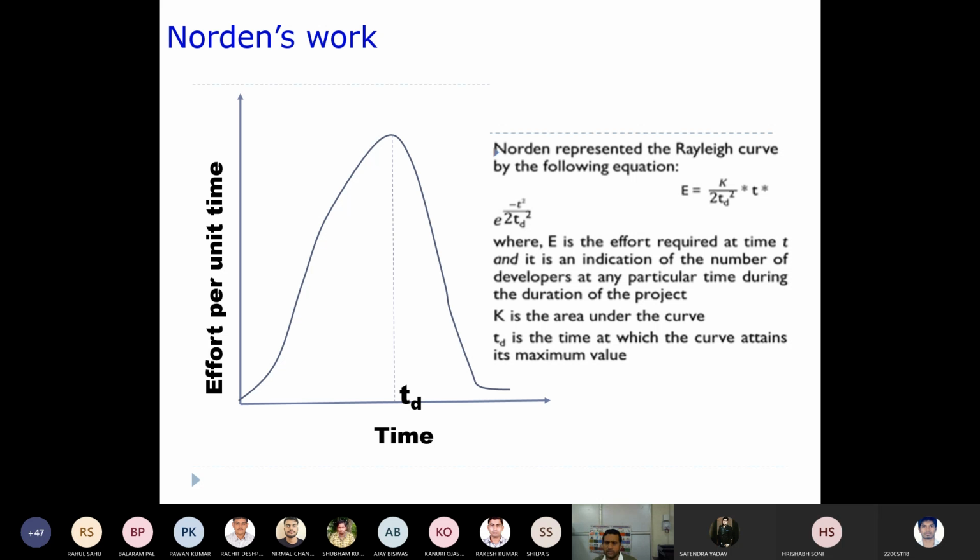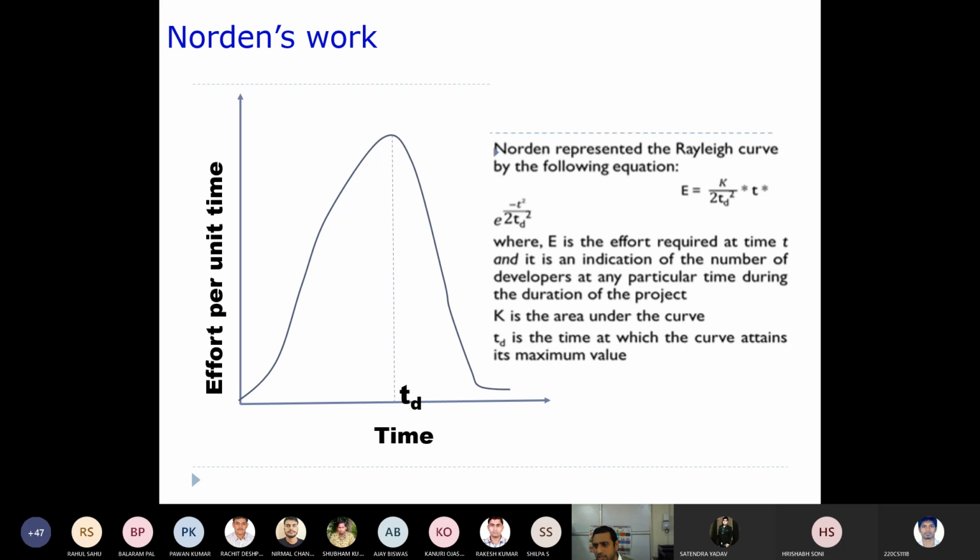Now td represents the time at which you require more people occupied for that particular project. At some point of time you will have more people, and that may be the time at which you are carrying out a very complex task, and thereafter slowly the number of staff will be reduced.